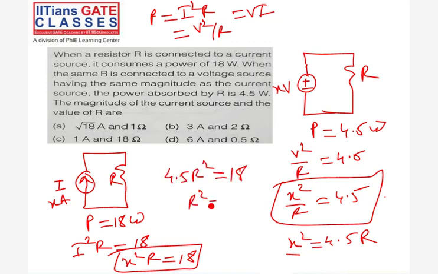So R is equal to 2 ohms. X is equal to root of 9, which is 3. So 3 amps and 2 ohms. B option. Okay, so X is 3 amps and R is 2 ohms.